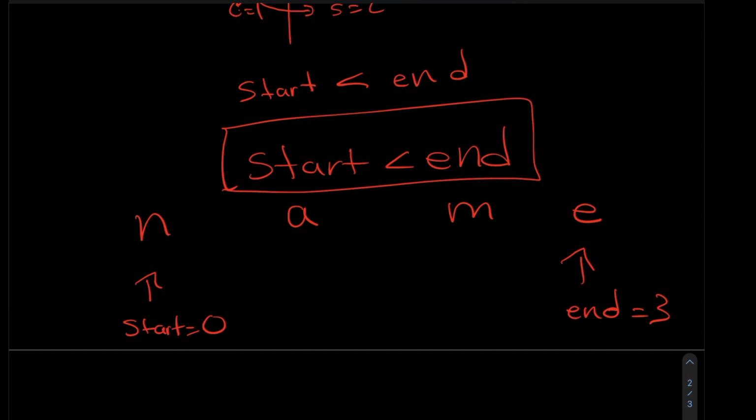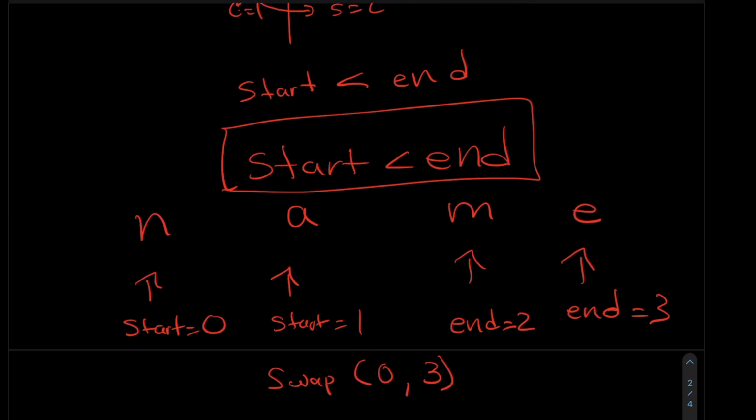This is our criteria for stopping. So then here and here, when start is equal to 1 and end is equal to 2, we're going to write down the swap function really quickly, 0, 3. That was for the one before, right here and right here. And now the swap function that we're going to be writing down is 1 and 2.